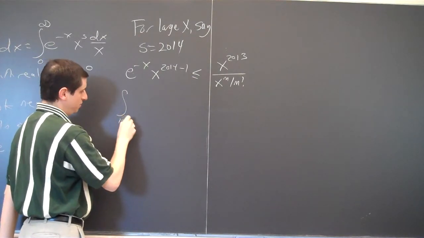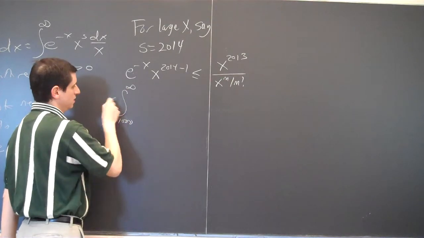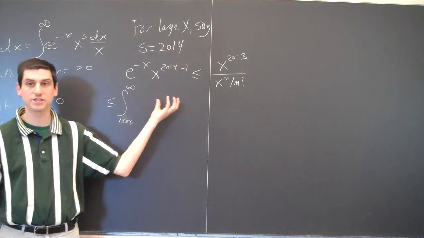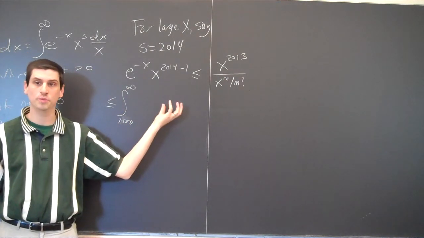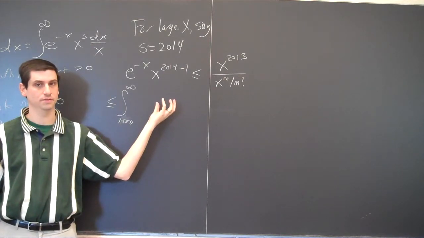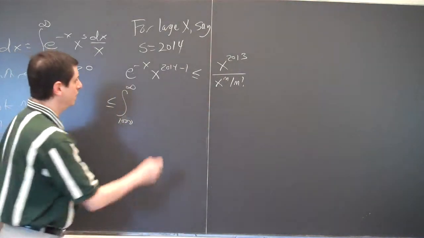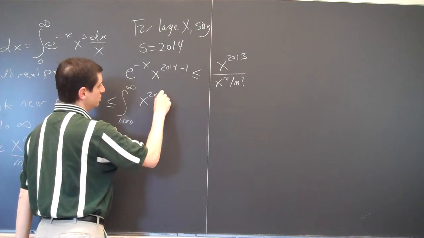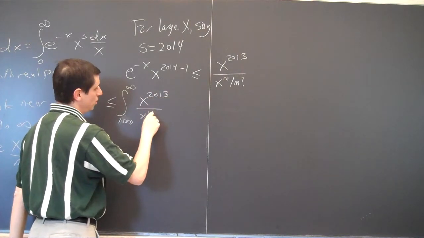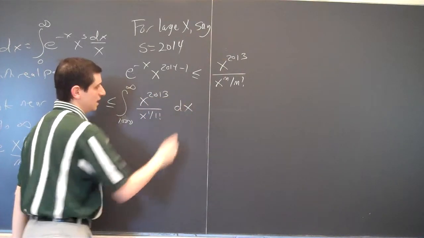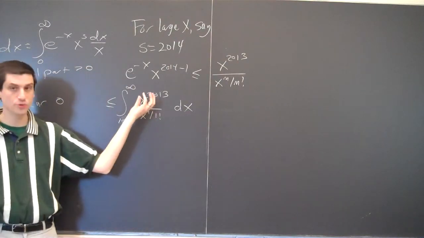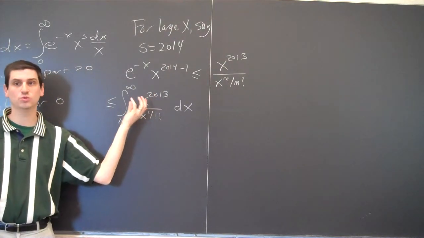So I can integrate from 1,000 to infinity, and I want to put something in here that's going to have enough decay that the integral will make sense. If I just take m equals 1, I would get x to the 2013 over x to the 1 over 1 factorial dx. This integral blows up. So m equals 1 is too small.